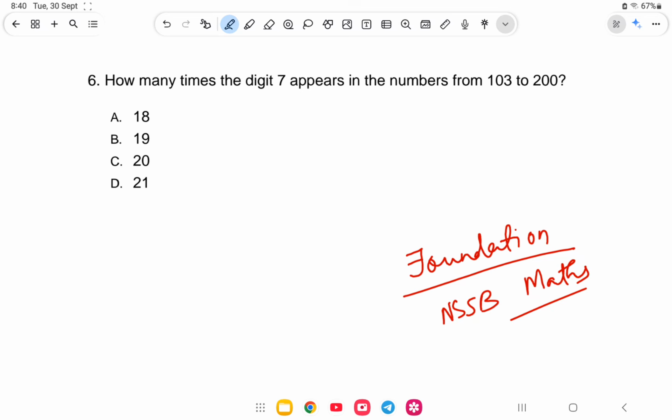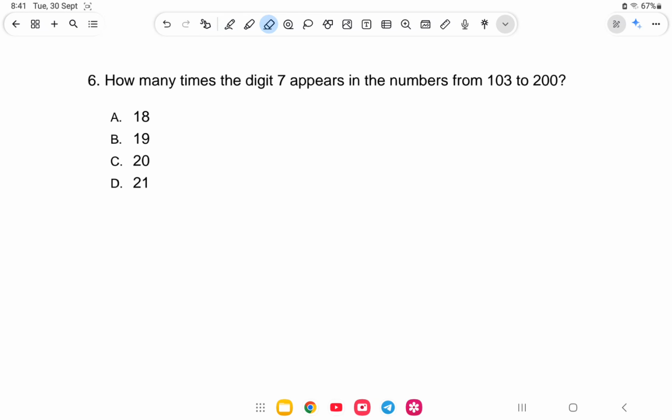And those who are preparing from last year or previous years, you can skip the video or watch it at 2 times or 1.5 times speed to save your time. But this is for those who are starting your NSSB journey and who want a complete analysis of the question. So step by step, no rushing.